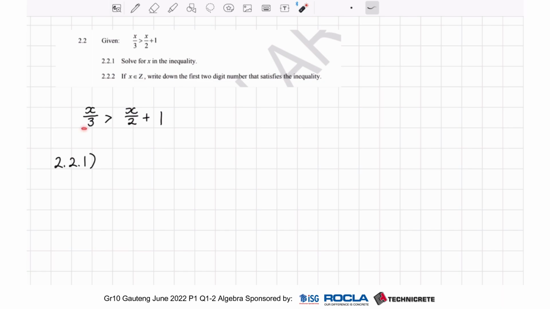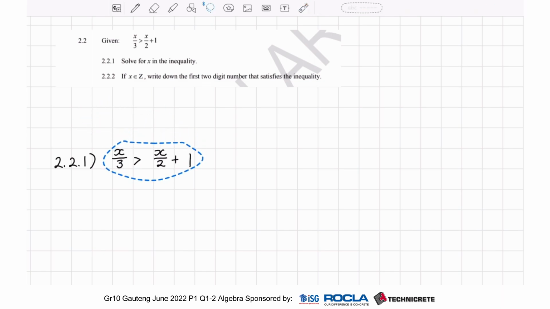So on this left-hand side, I've got x being divided by 3, so I can multiply everything by 3 to get rid of the divide by 3 on the left-hand side. So when I multiply by 3 on this side, I'm going to be left with just x. And then on this side, I'm going to have 3 multiplying the first term, so I have 3x over 2, and then I've got 3 multiplying the 1, so I'm going to have 3.